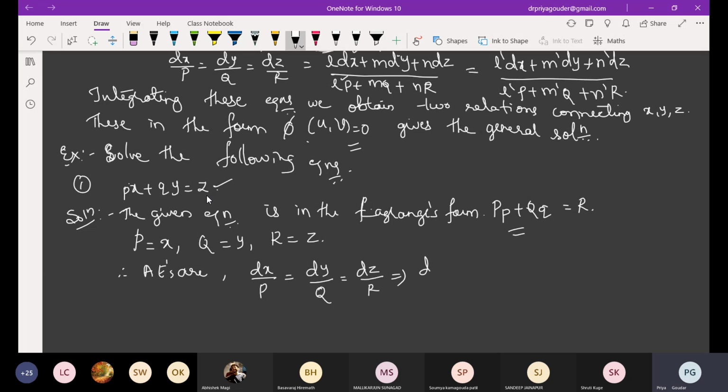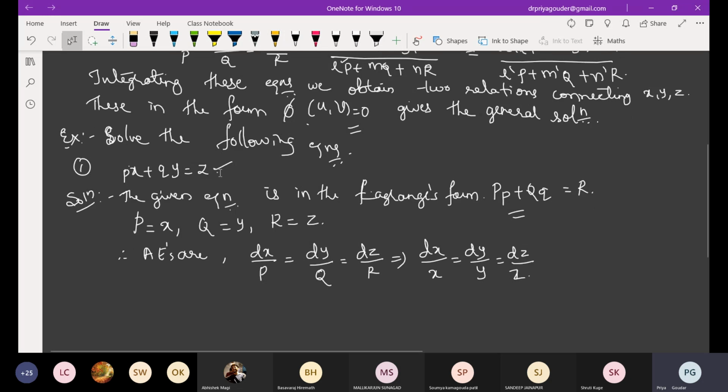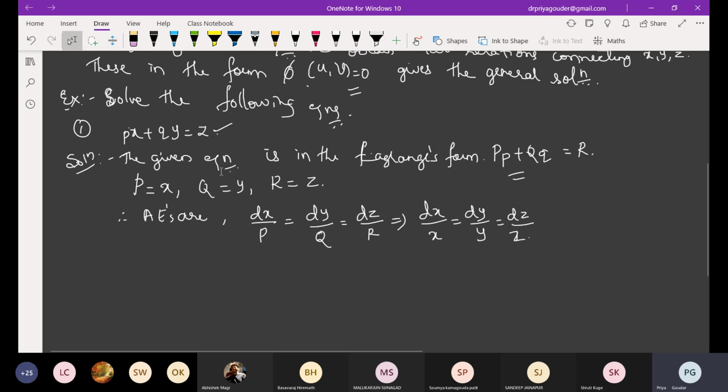Substitute now. dx upon what is P? x. What is Q? y. What is R? z. Am I right? Now just see this. Isn't it very simple? You can easily apply the concept of variable separable. So shall I choose the first two?